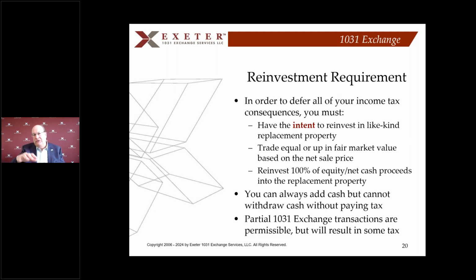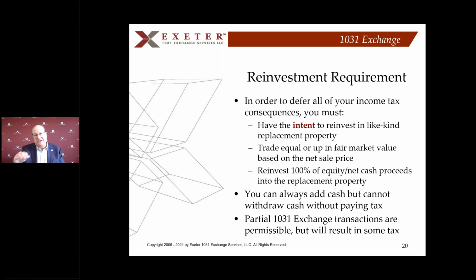So you sold for $1 million, your net is about $950. You do not subtract your mortgage. It's only those routine selling expenses. You go to purchase the replacement property, whether you buy 1 or 2 or 3 or what have you, as long as the total purchase price is equal or greater than about $950, you've deferred all your taxes.